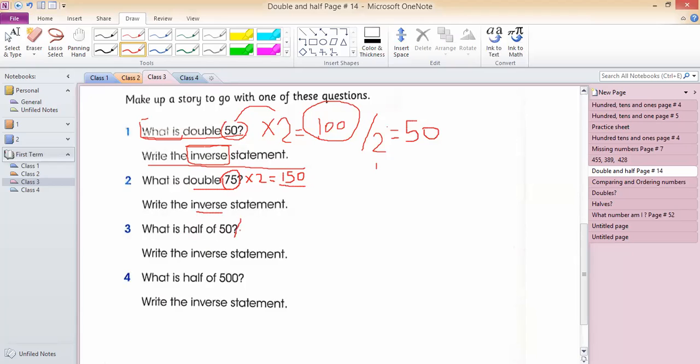In question number 3, what is the half of 50? For that you divide 50 by 2. How do you divide 50? You write 50 and you write 2 outside. 2 into 5 is 10, no, 2 fours are 8, 5 minus 4 is 1. Then bring this 0 down, and 2 fives are 10.